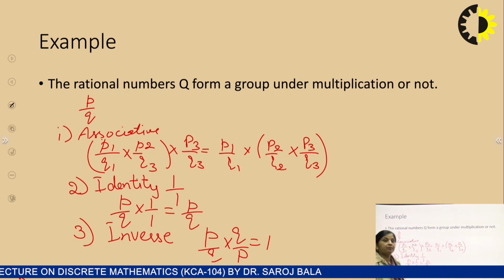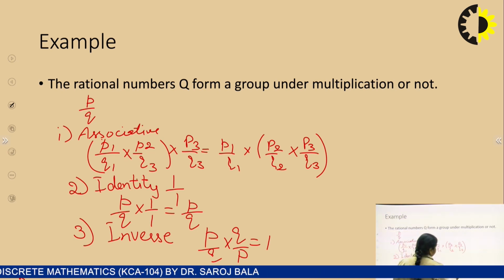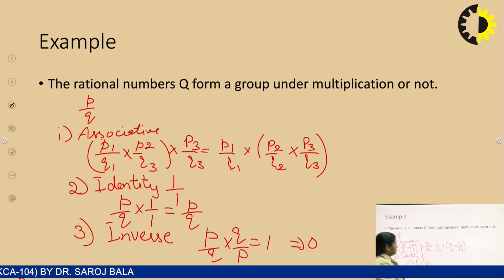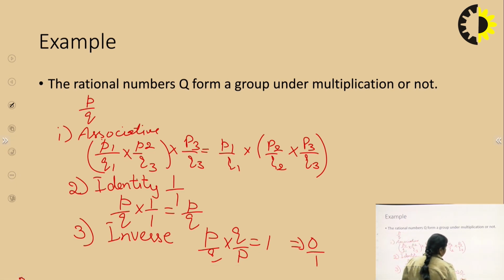But it fails for the case of 0, because 0 can be written as 0 by 1, but we cannot define Q by P for this. So inverse doesn't exist. We do not have an inverse for 0. So it doesn't form a group, it just forms a monoid.